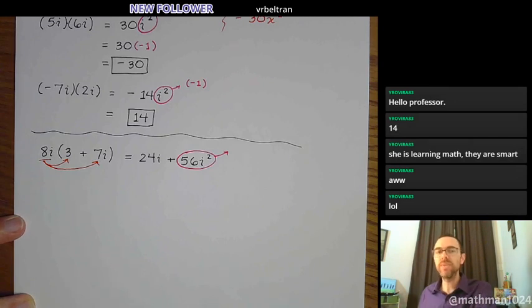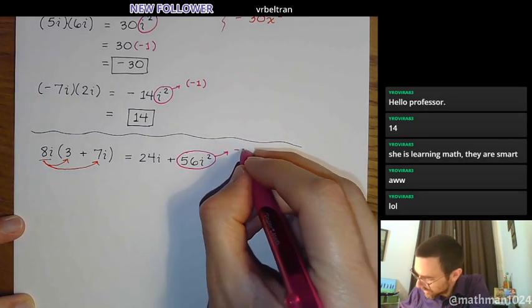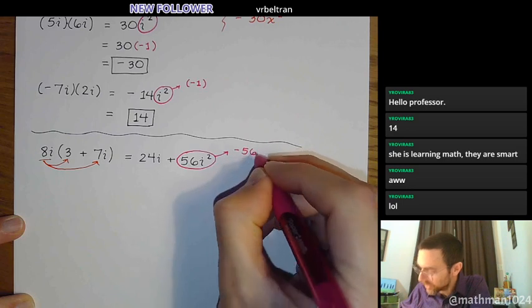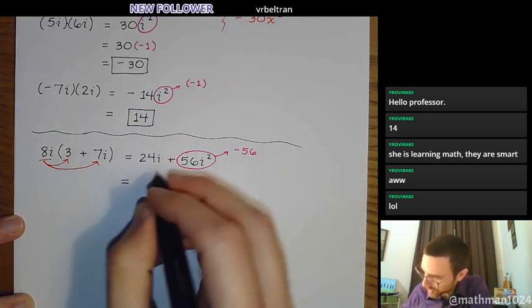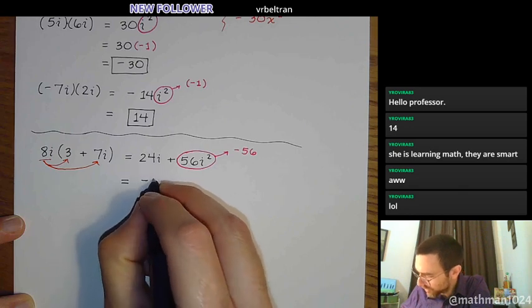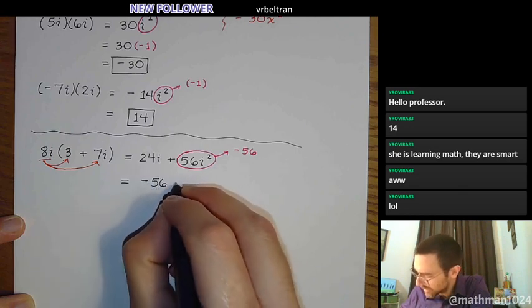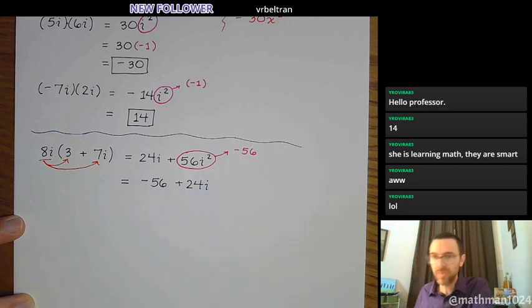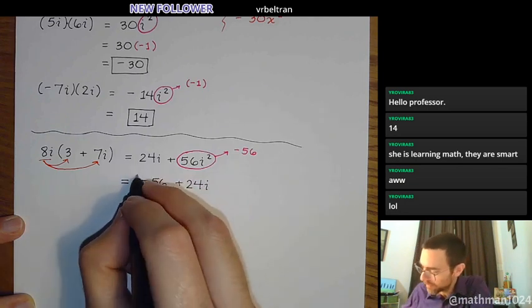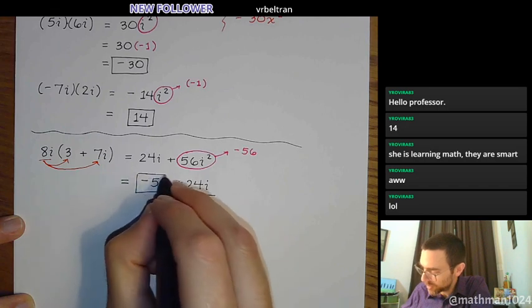So a positive 56i squared becomes negative 56. Remember, the i squared just changes your sign. And when we write our answer with the real part first, it's negative 56, followed by the imaginary part, 24i. Okay? Does it seem to be too bad?